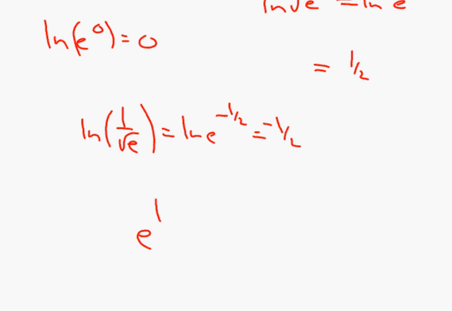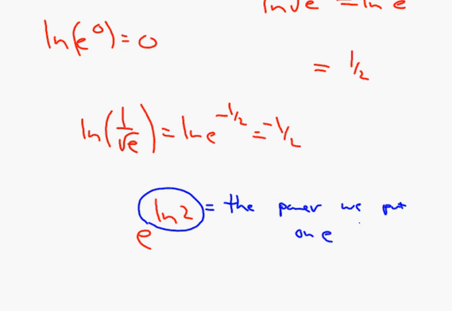Suppose you had e to the ln of 2. A way to think of this is to take a minute and ask yourself what that exponent means. This ln 2 is the power we put on e to get 2.